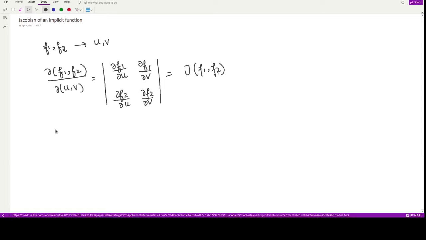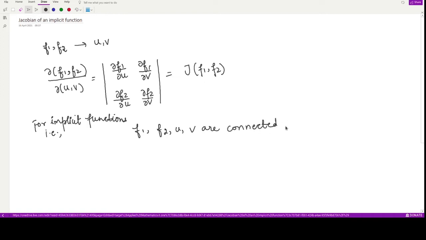Now suppose you have an implicit function. For implicit functions, the functions f1, f2, u and v are connected together by implicit functions. That means they cannot be separated from each other, and there is a single equation which represents these functions.